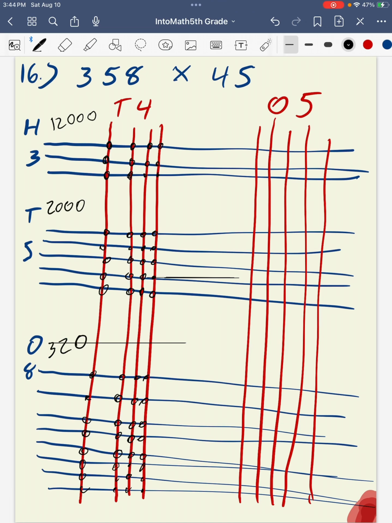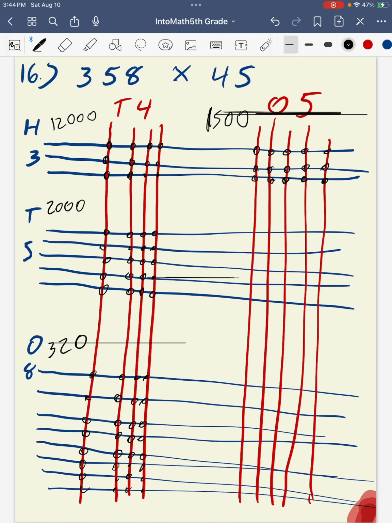It is only 110, so it's 320. Over here, doing my ones, I have 5 times 3. I will have 15 points of intersection between my red lines and my blue lines over here. This is my ones times my hundreds, which means that this will be 1,500.